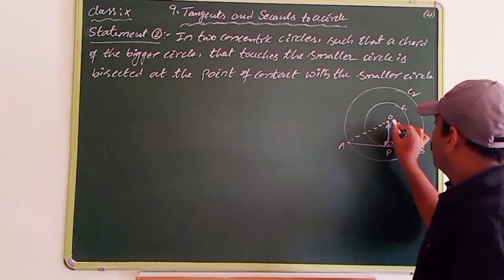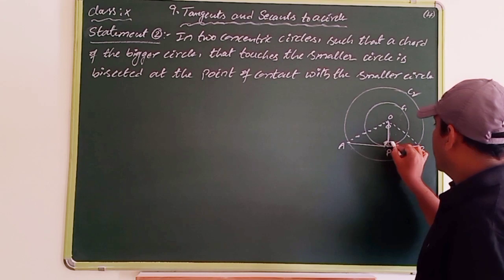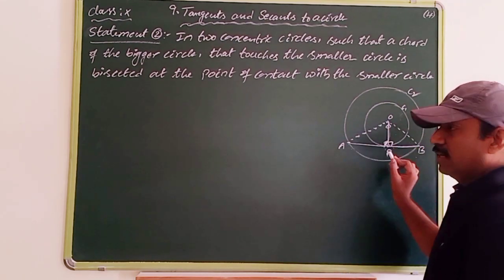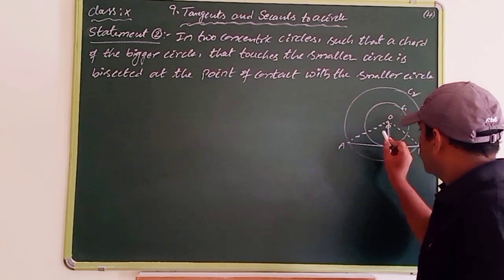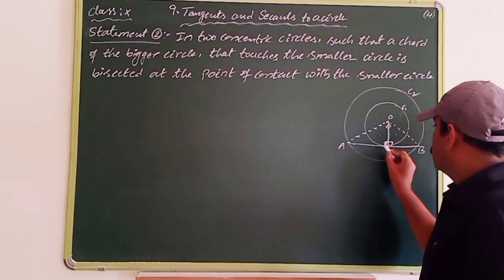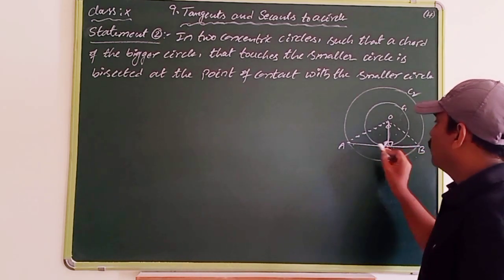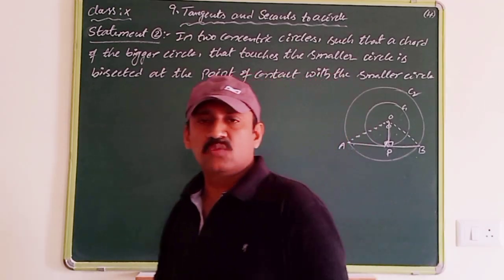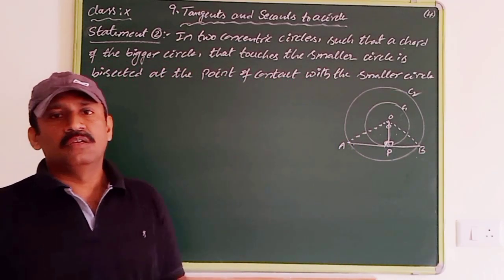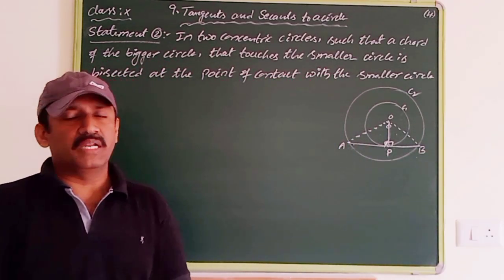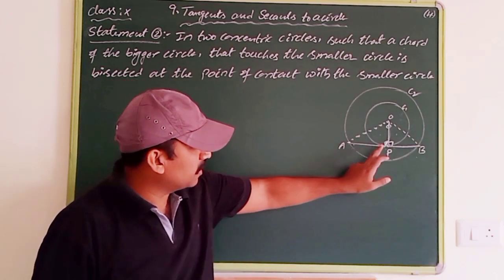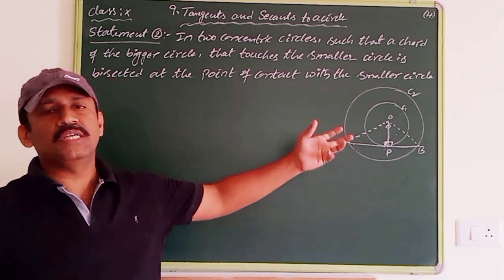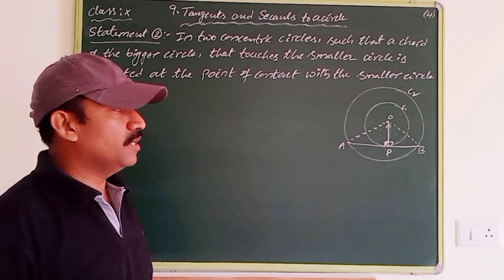So right angle, hypotenuse, side: RHS. The two triangles are congruent. When the two triangles are congruent, then these two sides are equal because of CPCT, corresponding parts of congruent triangles, right? So we can prove this using RHS congruency.